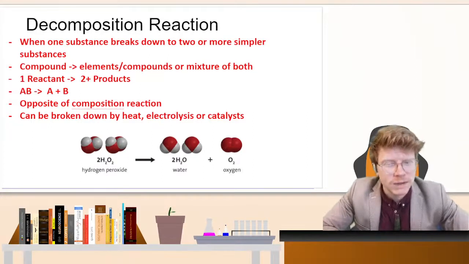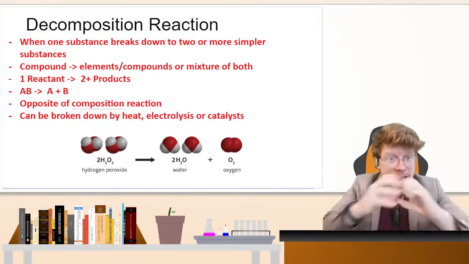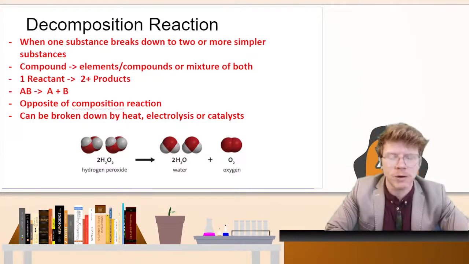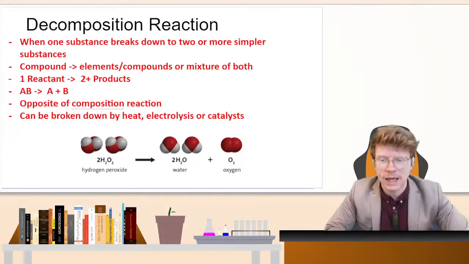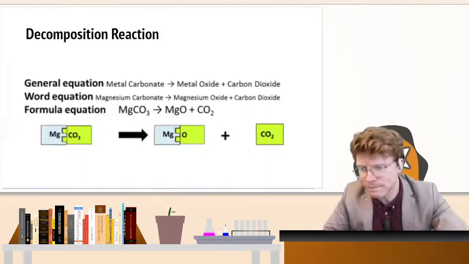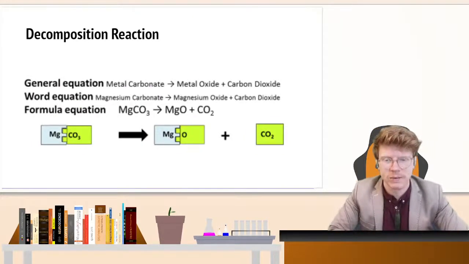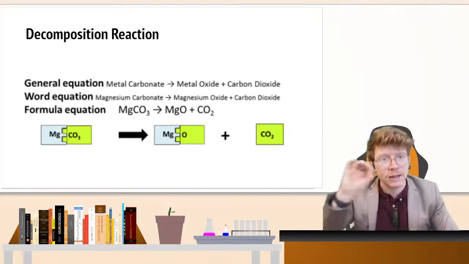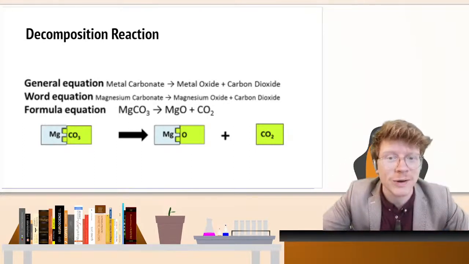We can use a variety of different things to break something down, to decompose something into its components. So heat, catalysts, electrolysis just means kind of zapping it with electricity. Catalysts are kind of the classic. So our decomposition reaction, here's another example. Magnesium carbonate can be broken down into magnesium oxide and carbon dioxide.